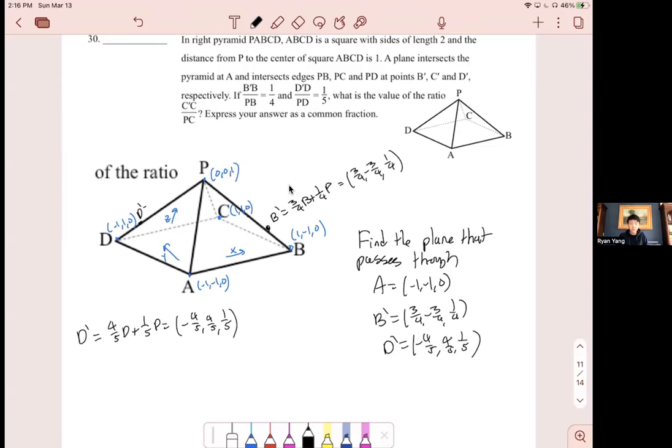So we basically want to find the plane that passes through these 3 points. The easiest way to do this is with linear algebra.